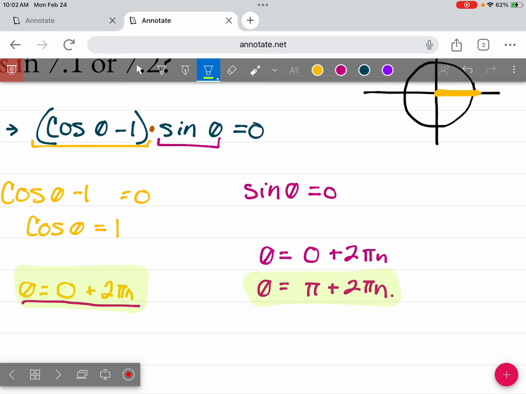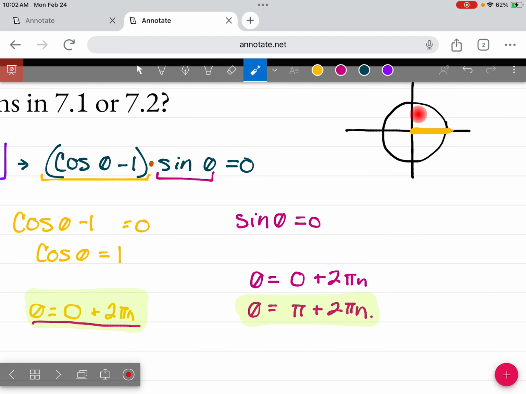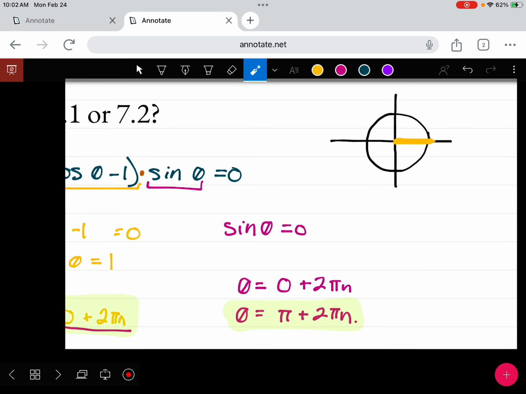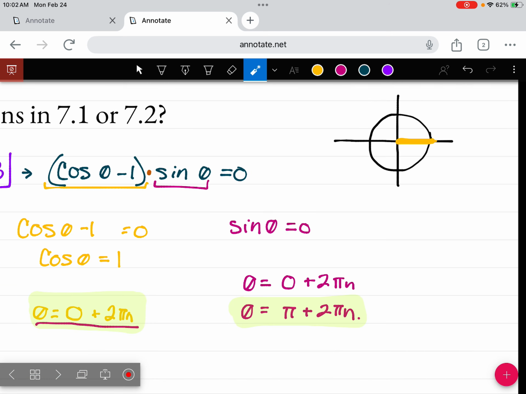Is it tangent when we just add the pi n? Tangent and cotangent would be just pi n. Sine and cosine, because we're looking at our whole circle, we've got to go the whole way around. Since tangent repeats on the semicircle, that's why we only do pi n. If you look into answer keys or look online for solutions to this, it probably just says pi n as your answer.